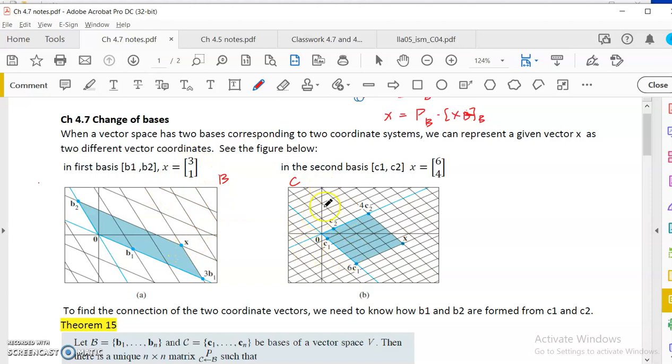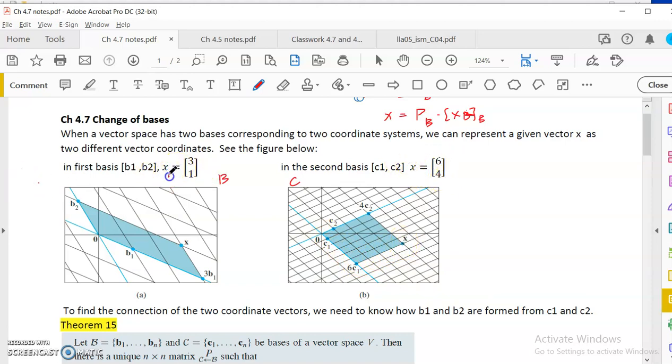Then if you look at the same space, but represented in C1, C2, where C1 is like this, but C2 is in the positive direction, to represent this you basically have to say, well, I go 6 C1 and then 4 C2. So I should say this is not x.